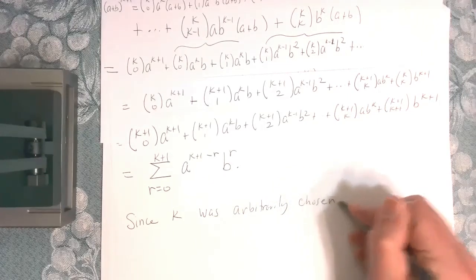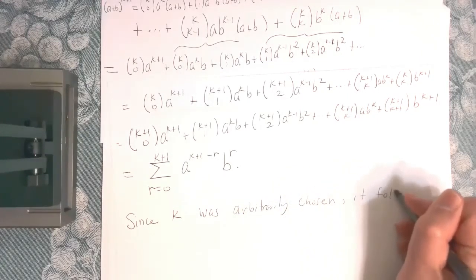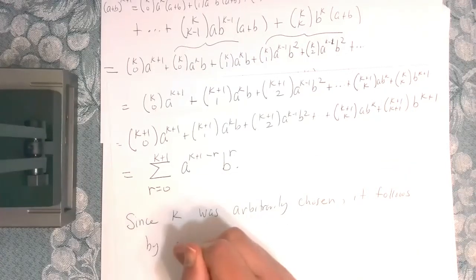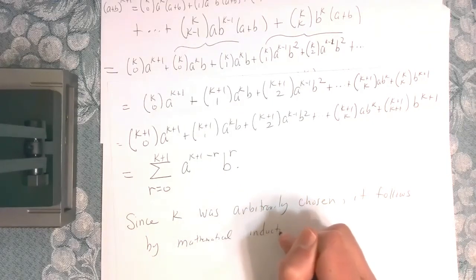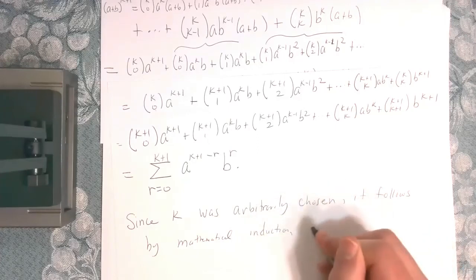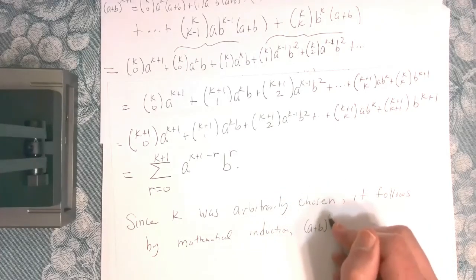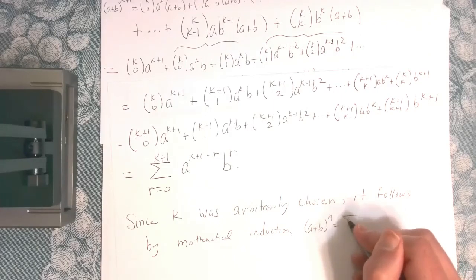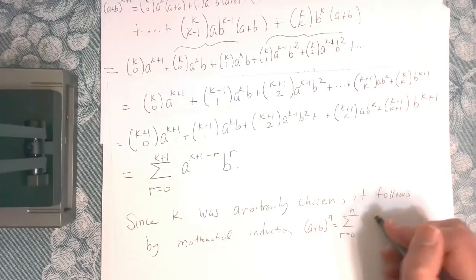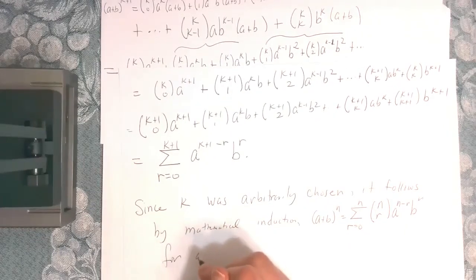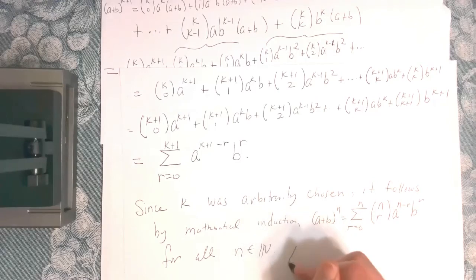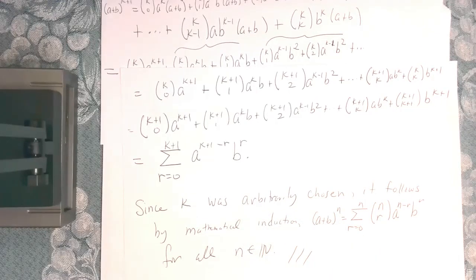So since k was arbitrarily chosen, it follows by mathematical induction that a plus b to the n is equal to the sum from r equals 0 to n of n choose r, a to the n minus r, b to the r, for all, don't forget to quantify, natural numbers n. And that's the proof for the binomial theorem.